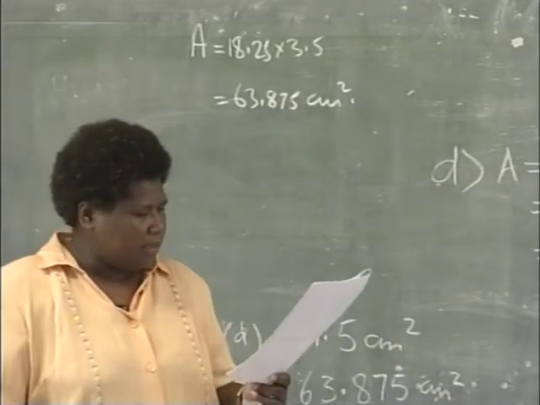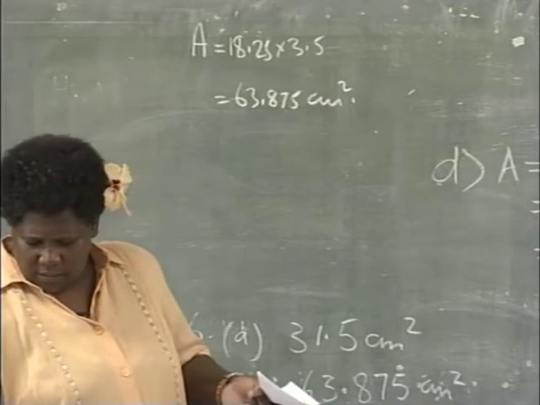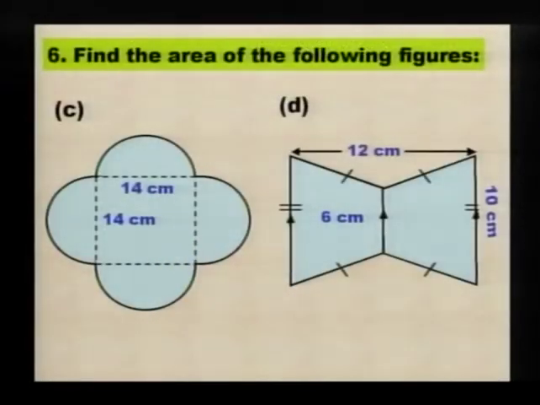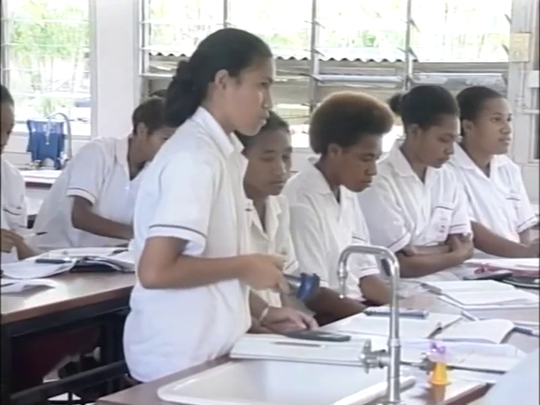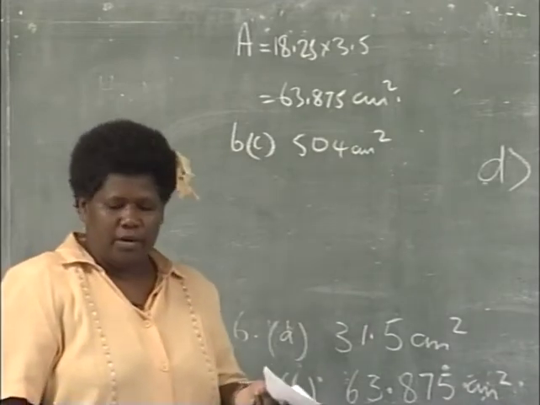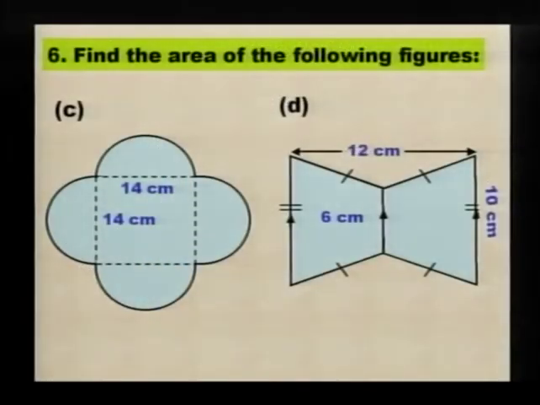Okay, let's see. That's 6B, 6C. Velma. Okay, 6C. 504 square centimeters. 504 square centimeters, correct? Only some people are saying correct. Kyle, do you have the same answer as 504 for 6C?